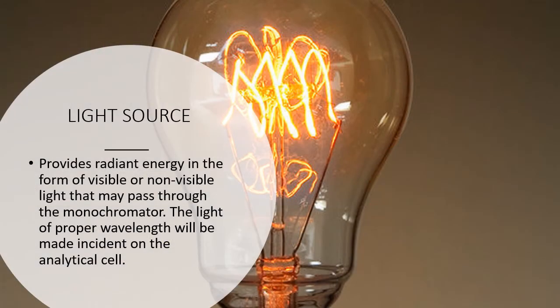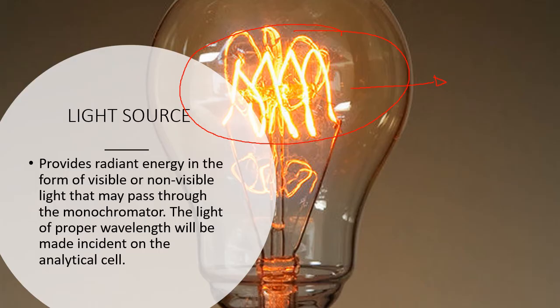Now, light source, as the name suggests, is a source of light. Source of visible or non-visible light that may pass through the monochromator. The light of a proper wavelength will be made incident on the analytical set. So kapag sinabi natin, this is pure light, pumupunta siya or na-generate siya ng light source natin without discrimination.